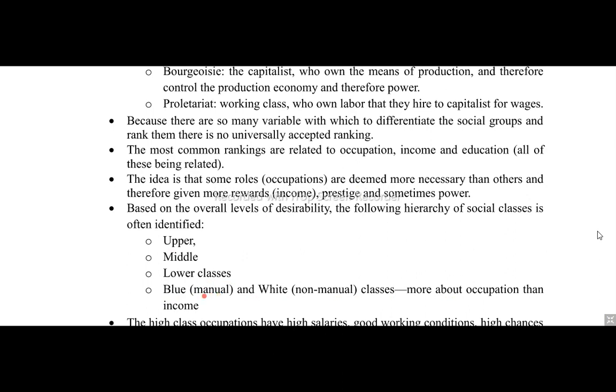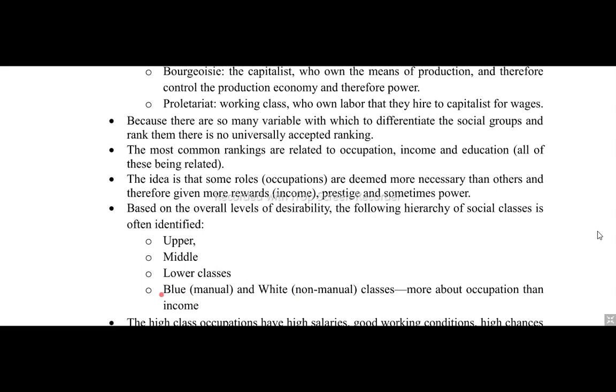The blue manual means that people employed under the blue classes will be doing manual work. White classes will be in the office, maybe being administrators.